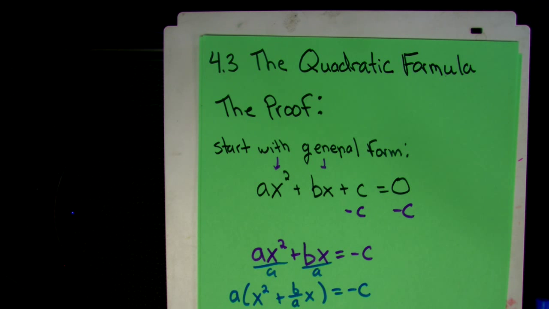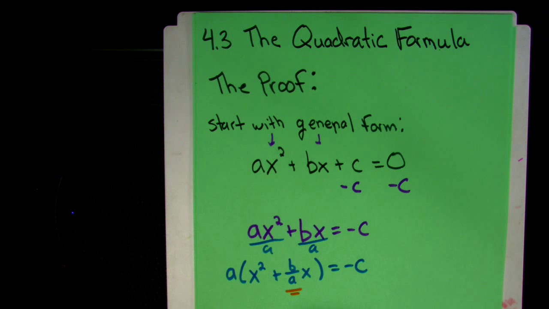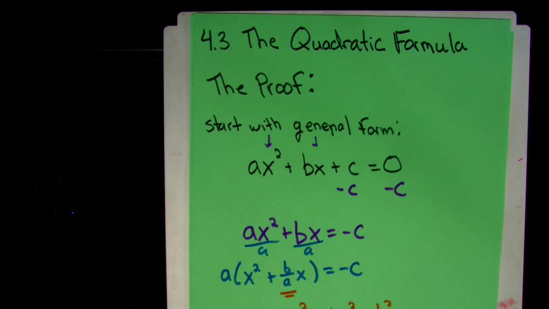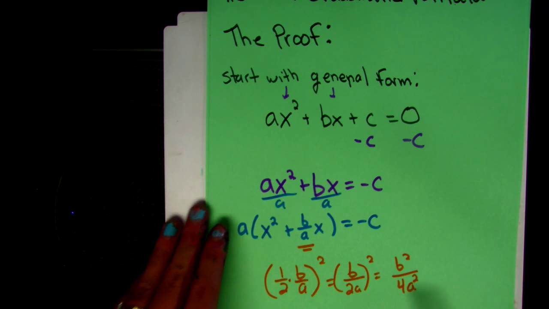Okay, so now that I've done that, I can complete the square. Remember, you take the value in front of x, which is b divided by a. I'm going to take half of that and square it. So that becomes b over 2a, squared, which becomes b squared over 4a squared. That's what I want to add to both sides.